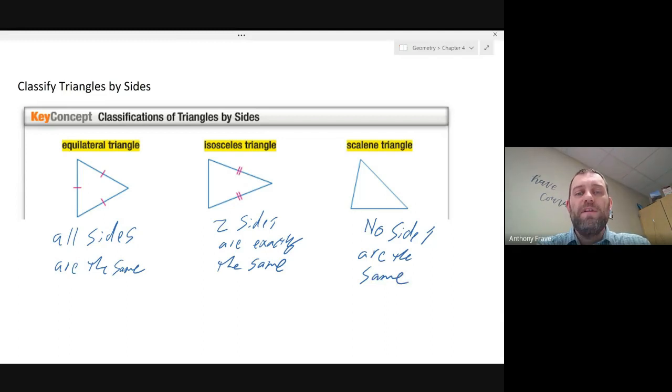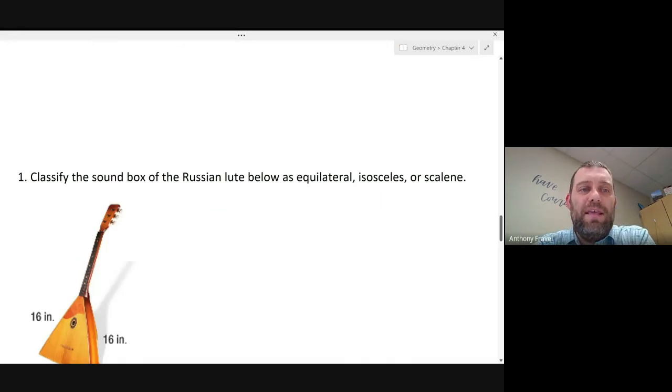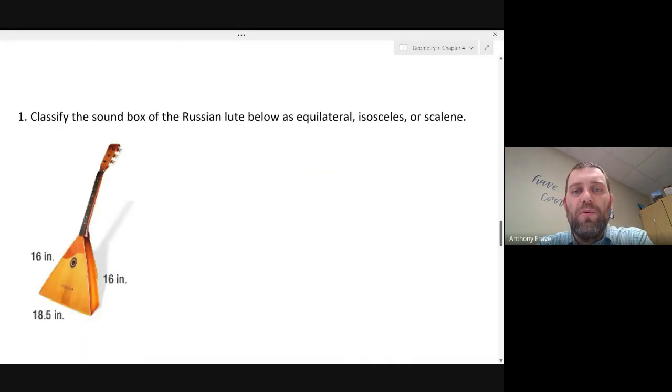So let's look at a couple samples. We're giving you some real life ones. It says the sound box of the Russian lute below. See if it's equilateral, isosceles, or scalene. Remember, equilateral means they're all the same. Isosceles means two of them are the same. Scalene means that none of them are the same. So I'm going to look at these numbers. I've got a 16, a 16, and an 18.5.